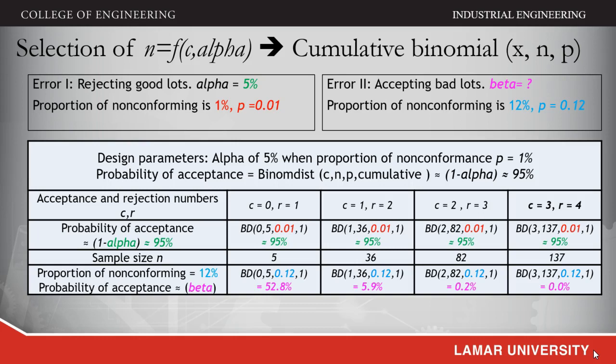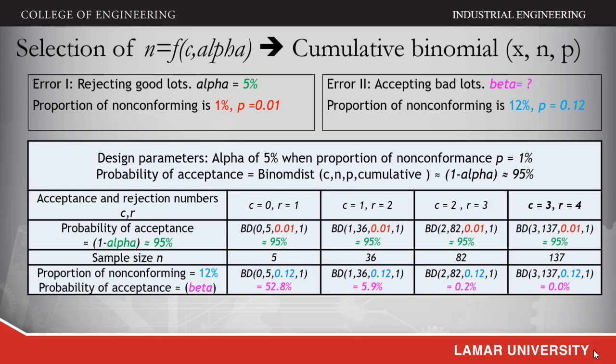If we focus on the decision-making process in the development of sampling plans, essentially we have to negotiate the probability alpha of error 1 and the probability beta of error 2. These two errors are associated with, first, the acceptance of lots that should have been rejected.